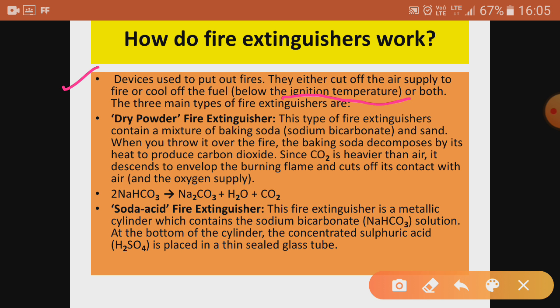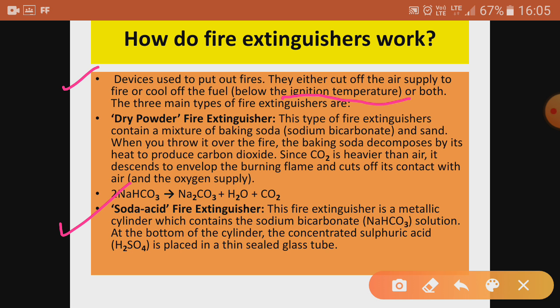Now there are different types of fire extinguishers. One very important one is the soda acid fire extinguisher. Before going through the soda acid fire extinguisher, let's know about the dry powder fire extinguisher. This type of fire extinguisher contains a mixture of baking soda, that is sodium bicarbonate, and sand.